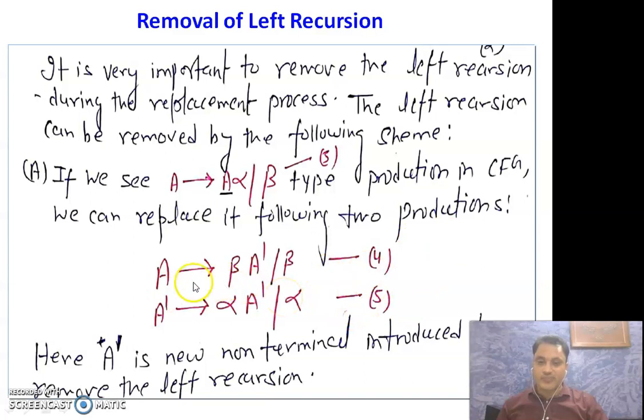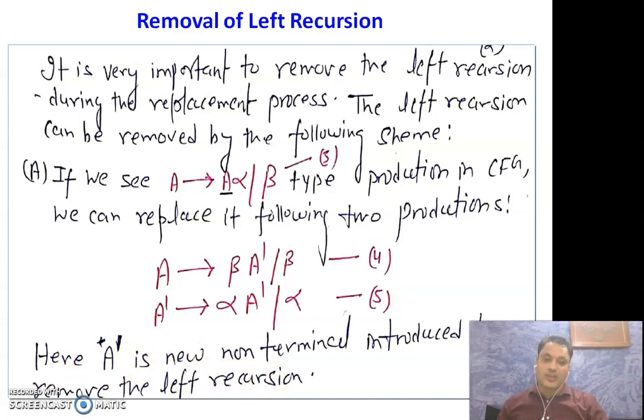Now A derives beta A dash and beta, and the non-terminal which we introduced, A dash, derives alpha A dash and alpha. If we write 3 in the form of 4 and 5, you can clearly see that the left recursion has been removed and the attribute of the production is also not changed. So A dash as a new non-terminal has been introduced to remove the left recursion.